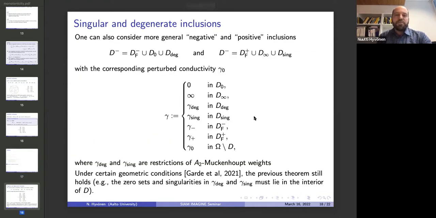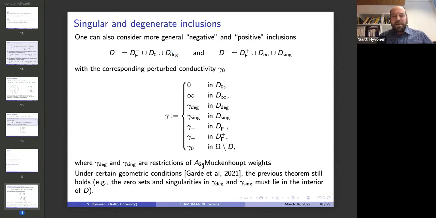So really I can update my inclusions so that I don't have only finite positive and negative parts, but I can also have degenerate parts where the conductivity may go to 0.